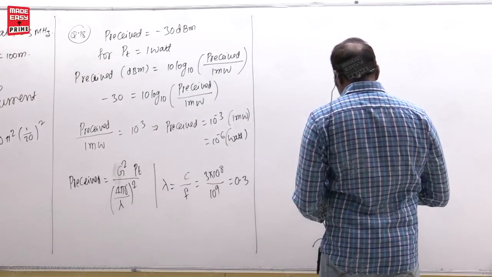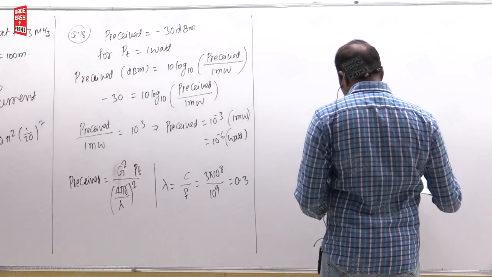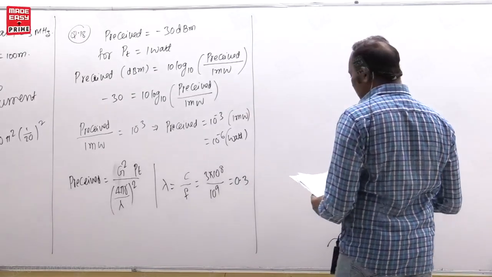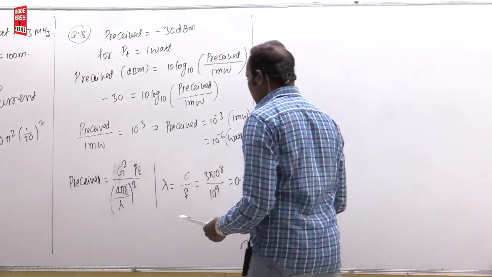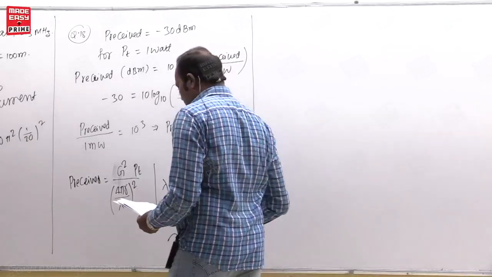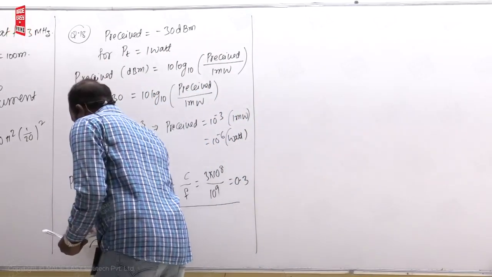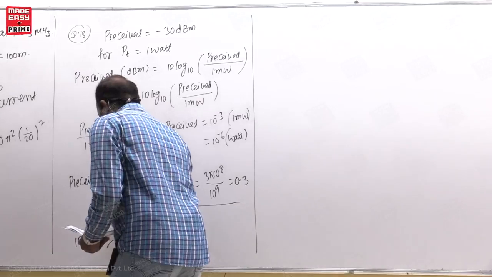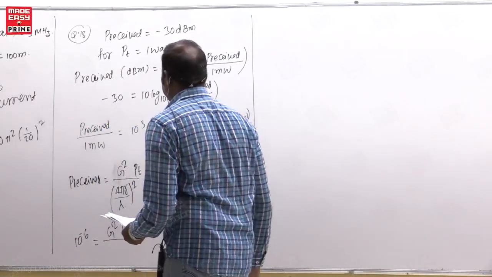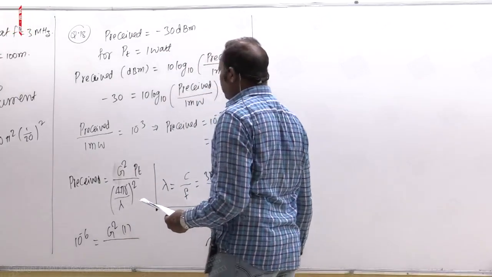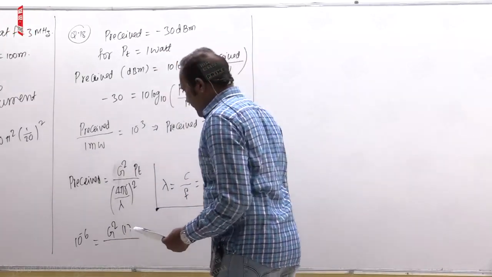Now from this you want the gain, so you can substitute here. Power received is 10 to the power minus 6, gain squared into 1, transmitted power is given as 1 watt here.